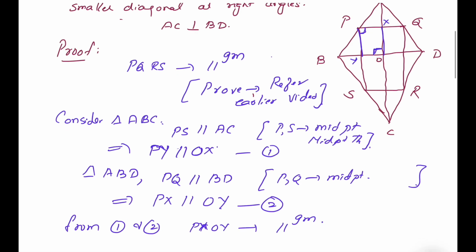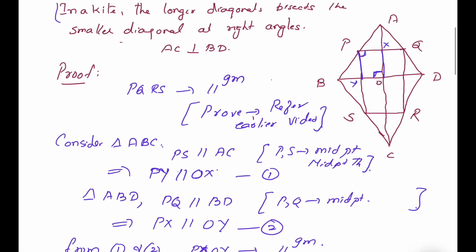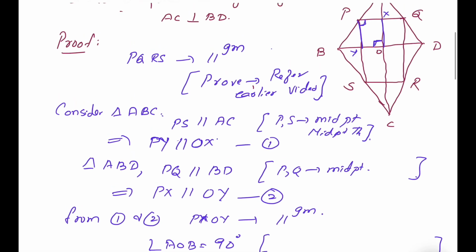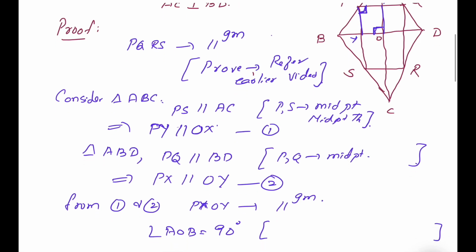Now, you will use the property angle AOB equal to 90 degrees. You will write the above reason which I have already mentioned at the starting. So therefore, now we have already proved PXOY is a parallelogram. Now angle O is 90, so the opposite angles are equal.